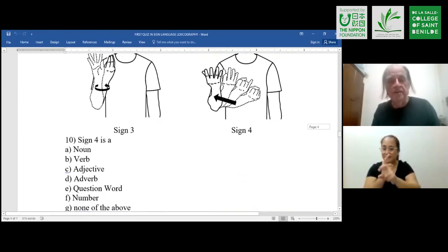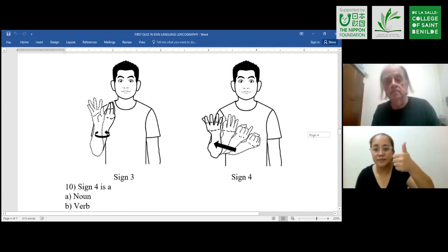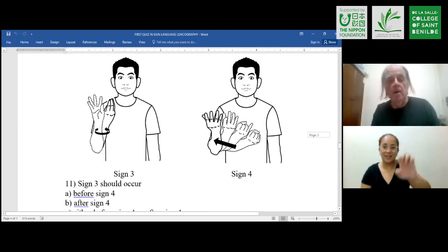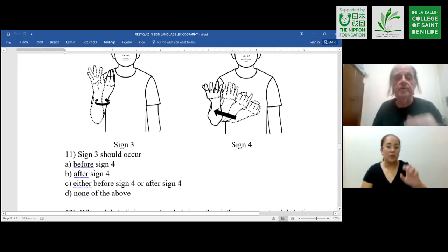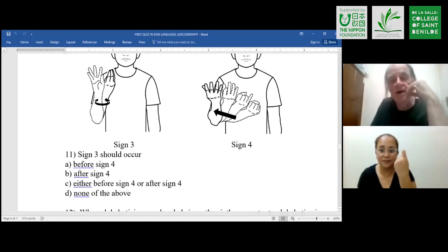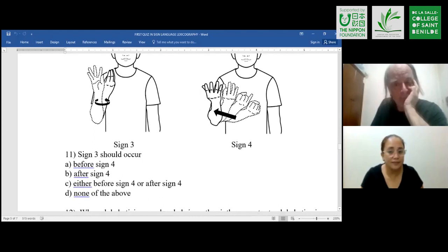Sign 4 is, I see E. Yes, question word. Which goes first? Sign 3 should occur before sign 4, after sign 4, or either before or after sign 4. I see A as an apple and one B.